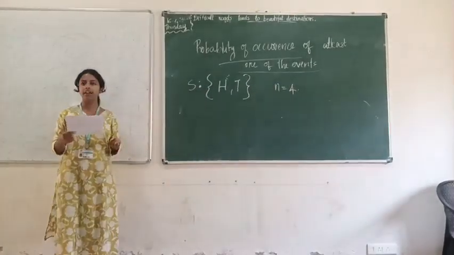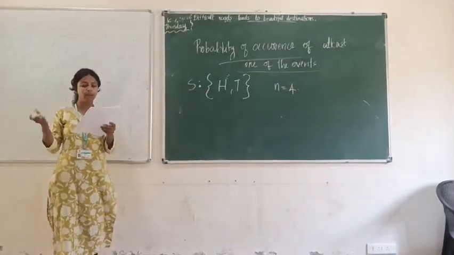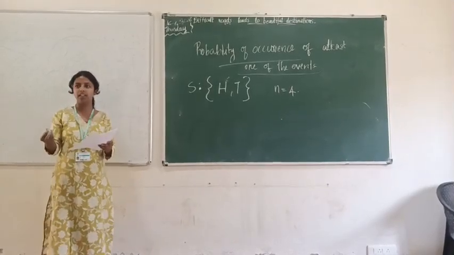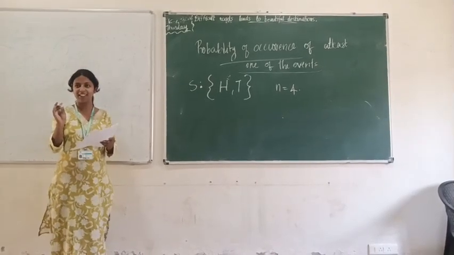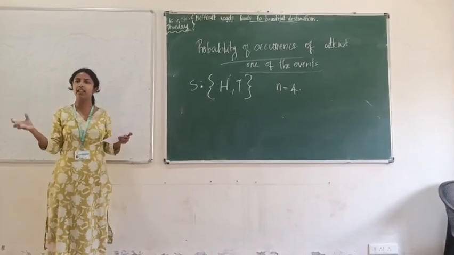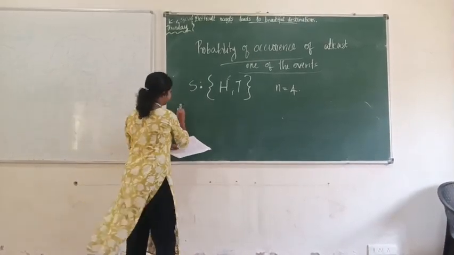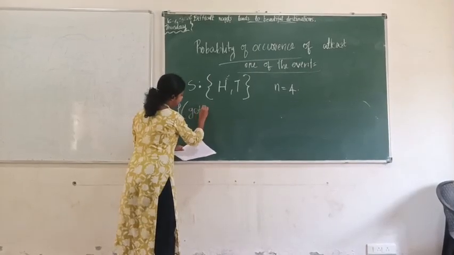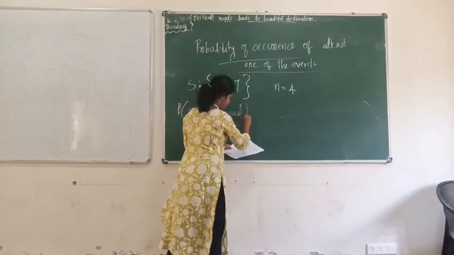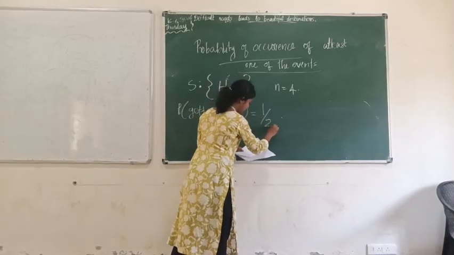So it is easy to find out. Generally, if we are tossing a single coin, what will be the probability of getting a head? 1 by 2. P of getting a head is equal to 1 by 2.